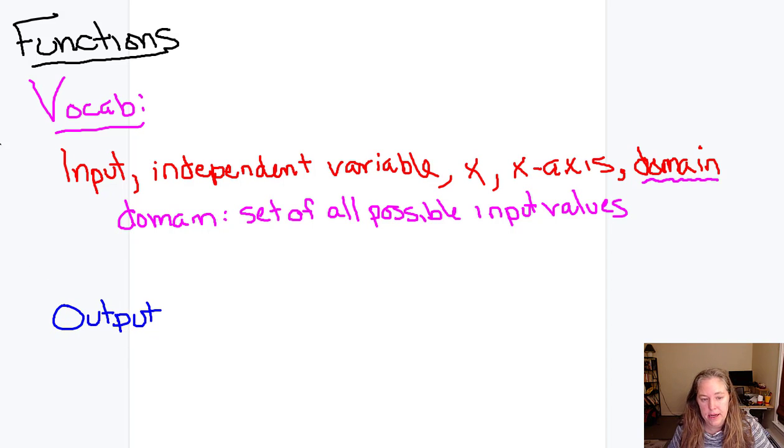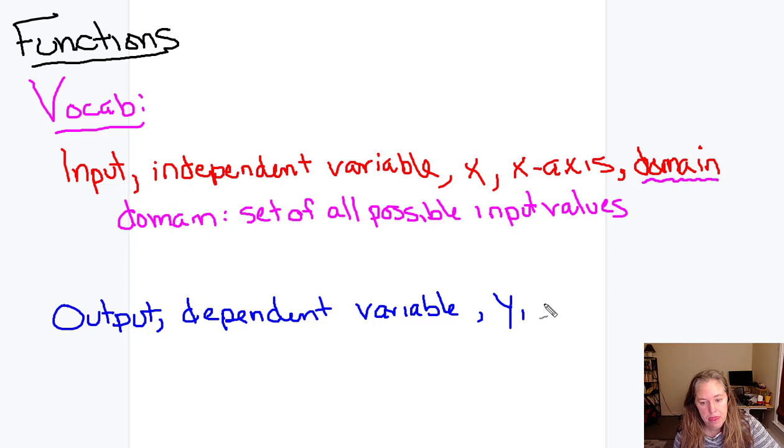Can you predict what else is going to be in this list? It looks almost exactly the same, except instead of input we have output. So we're going to have output, dependent variable, y-axis, and then the new fancy word is range.